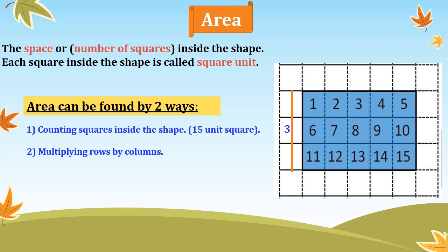We have 3 rows. How many columns here? 5. We have 5 columns. So if we multiply 3 by 5, or 3 times 5, it equals 15. 15 what? 15 square units. So the area is 15 square units.